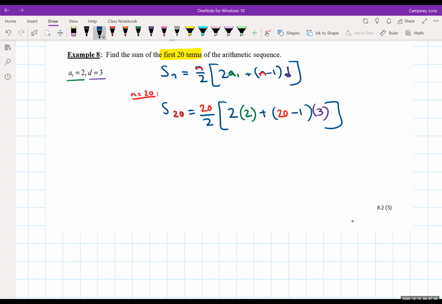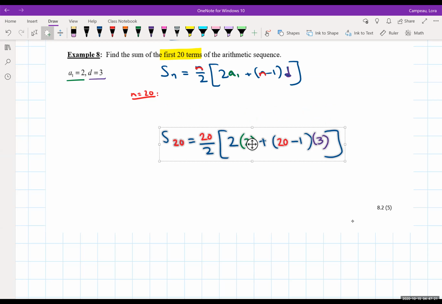And now we just simplify using some order of operations. Sometimes it helps, people maybe like to have an intermediate step in between. I'll show that just in case. If this is something that you're into, feel free to do this. We're just trying to minimize errors as we go.